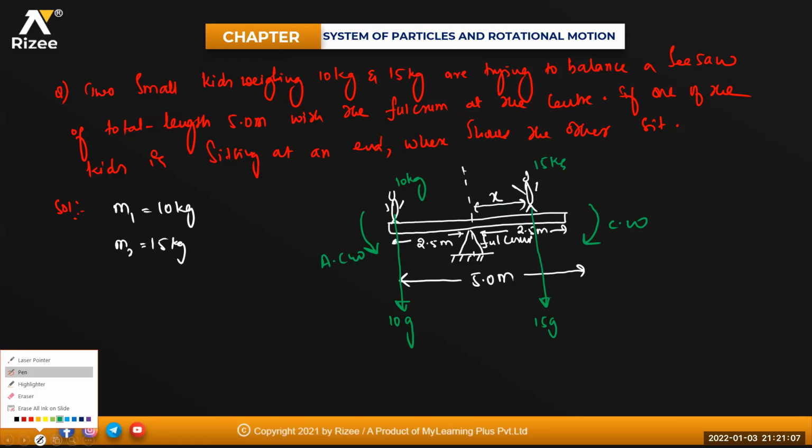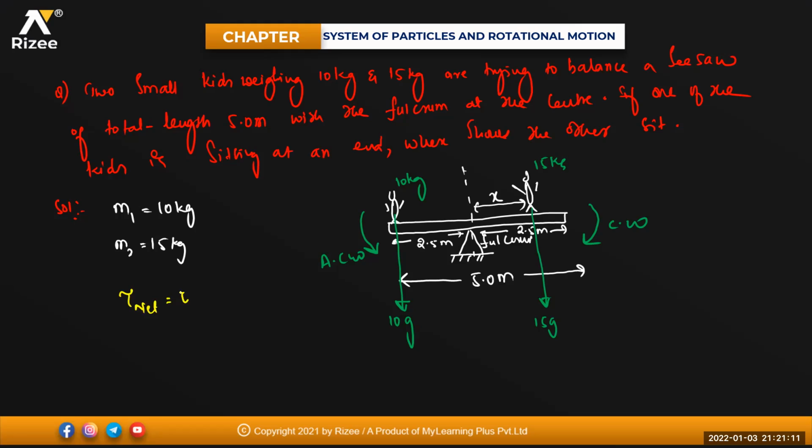So what is the condition for rotational equilibrium? I told you, beta, net torque must be equal to zero, or torque due to clockwise must be equal to torque due to anti-clockwise. Torque due to clockwise is 15g into x. Anti-clockwise is 10g into 2.5. So this g will get cancelled.